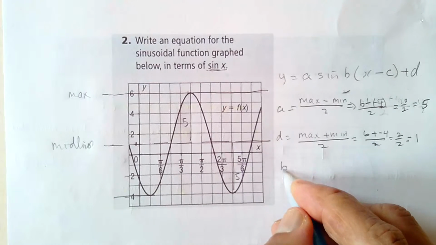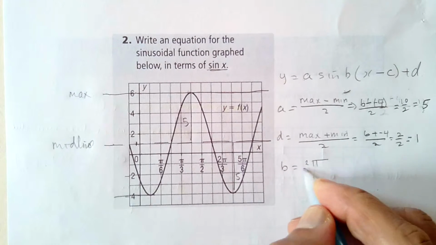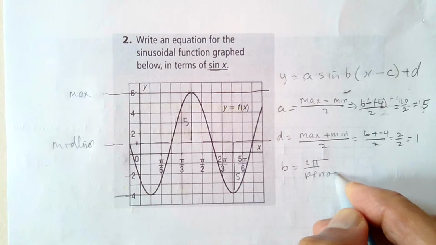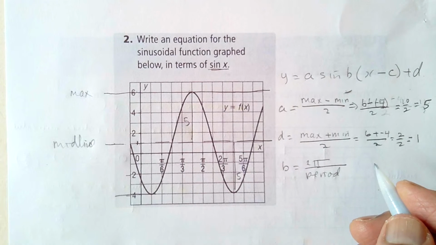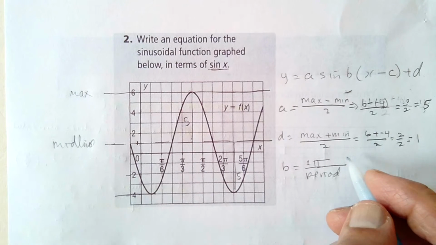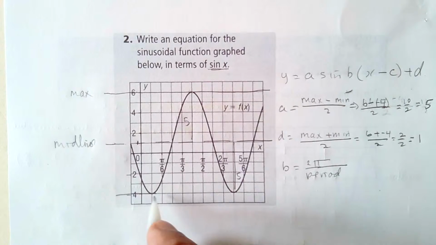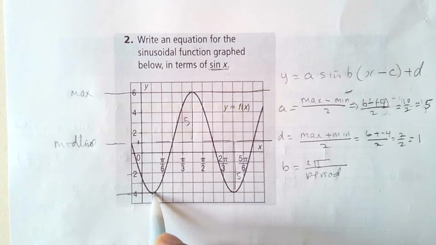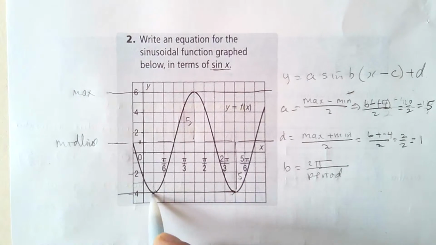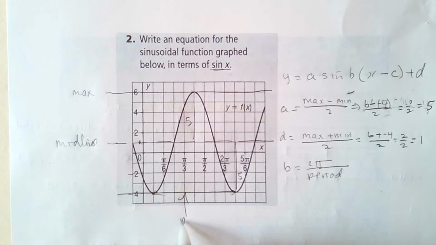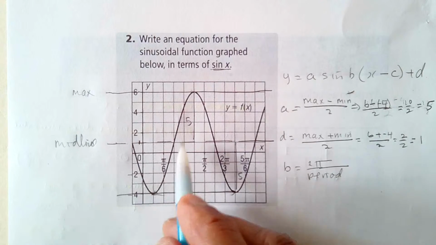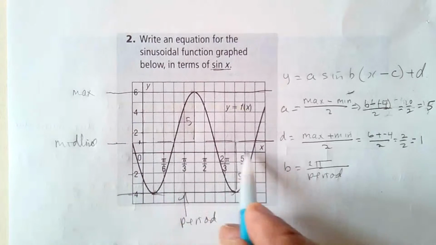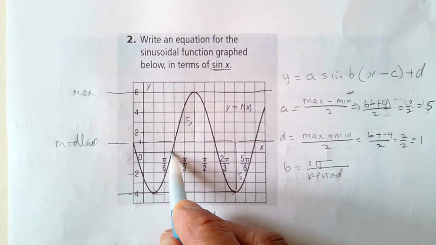Now the B is 2 pi over the period. To get your period, in this case, it's probably easier to look at minimum to minimum. This length here is the period. You can also go from here to here, but it's very difficult to read off these values.